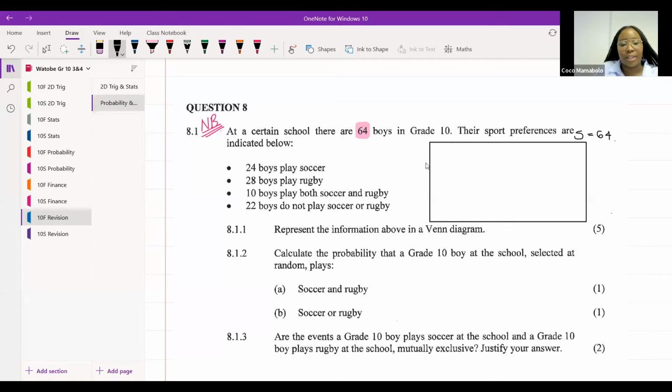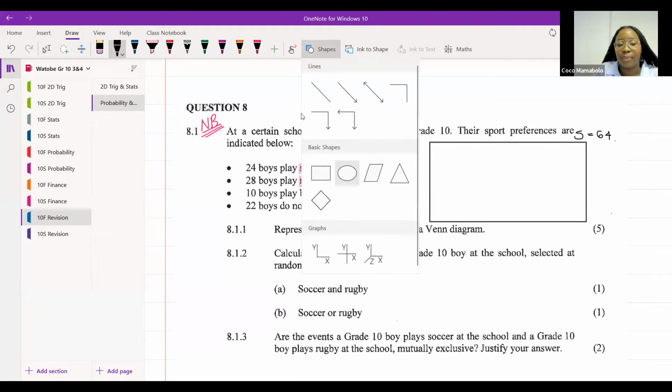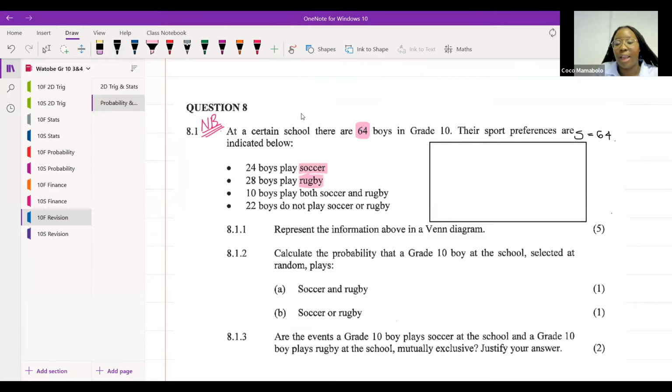Now, there are only 64 boys. So we know that we've got boys that play soccer and boys that play rugby. So how many circles do I need to draw in this particular case? Correct, we're going to draw 2 circles. We're going to make sure they fit.